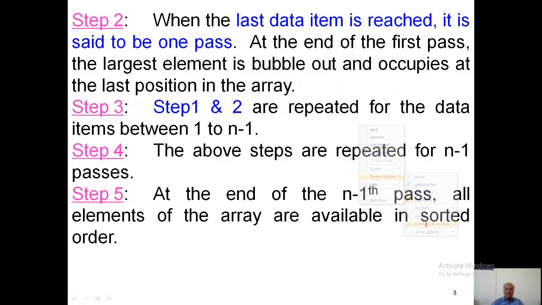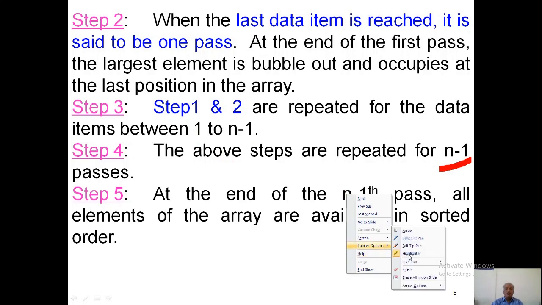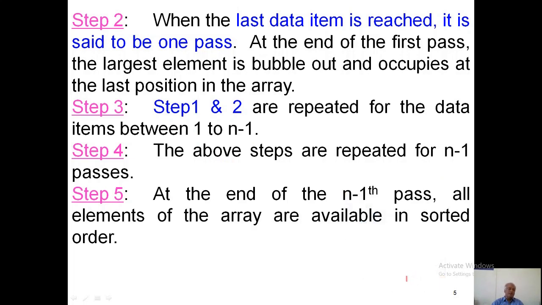That is the main specification of bubble sort. Steps 1 and 2 are repeated n minus 1 times. If you have 5 elements, you go with 4 passes; if you have 6 elements, you go with 5 passes. At the end of the n minus 1 passes, all the elements of the array are in sorted order.